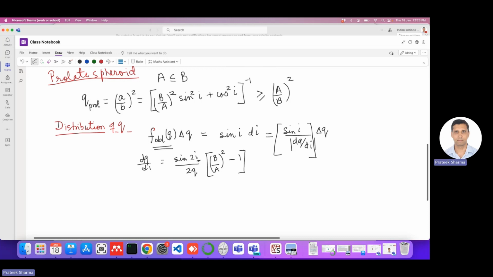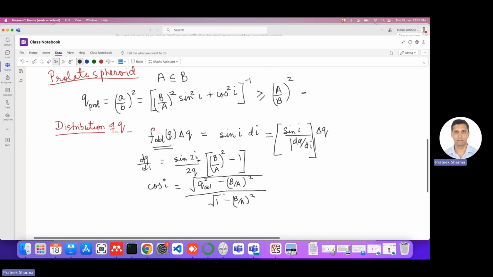And let's see. Right. So from the expression above, for the oblate case, we can actually write cos I is equal to the square root of Q oblate squared minus B by A squared, divided by 1 minus B by A squared.